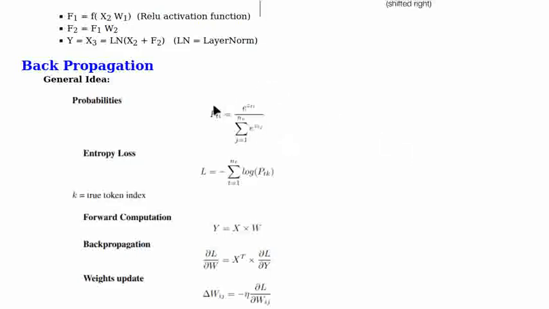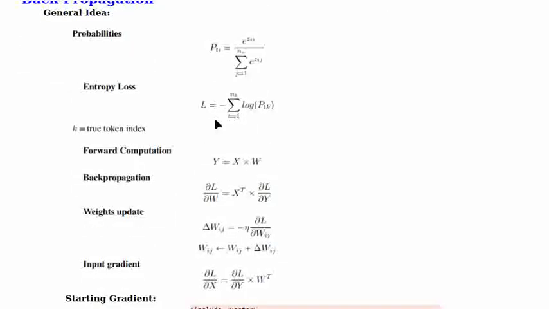So it generates probabilities. So here NV is the vocabulary size, and NT is the number of tokens in the targeted sequence, and K is the true token index, and this is the entropy loss L.